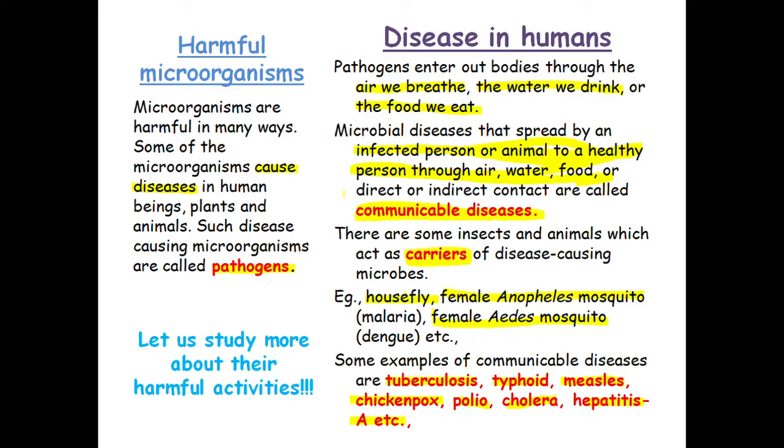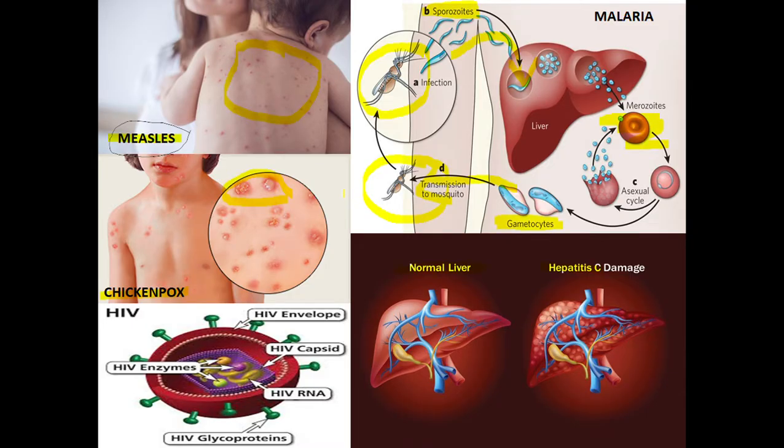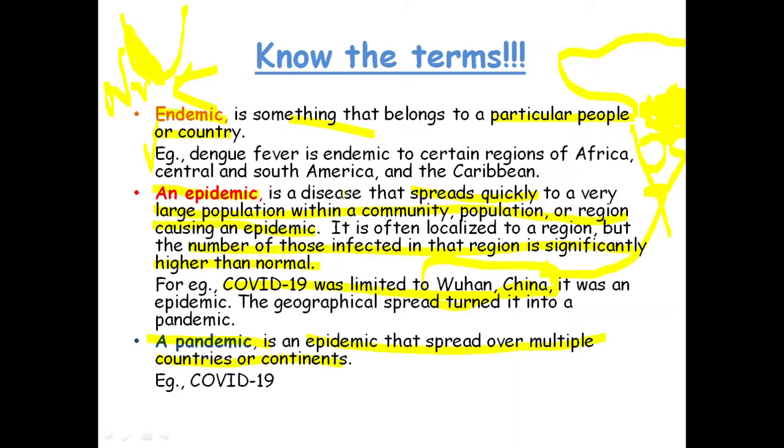They are carried by some insects or animals, known as carriers, and they cause communicable diseases, which spread from an infected person or animal to a healthy person through air, water, food, or direct or indirect contact. There are different communicable diseases like malaria, measles, chickenpox, HIV, AIDS, hepatitis, etc.